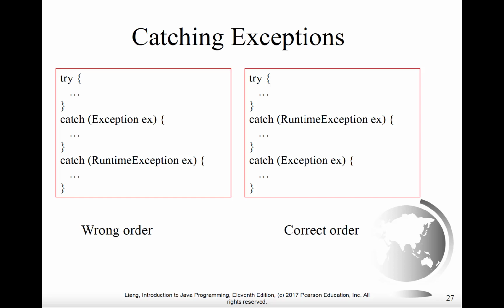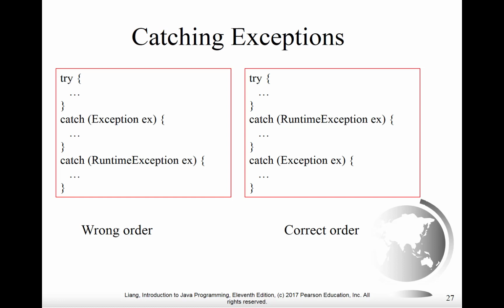The reason for this is we have this relationship between child and parent. So a child object is a parent object as well. Now, since that's the case, consider what would happen in the version on the left-hand side, which is the wrong order, if we were to put the catch blocks in the order that you see them listed here.